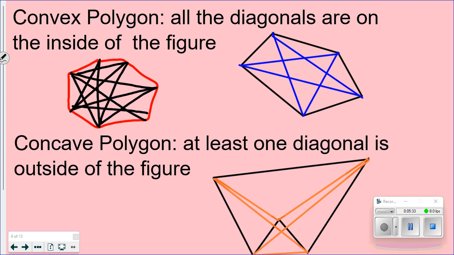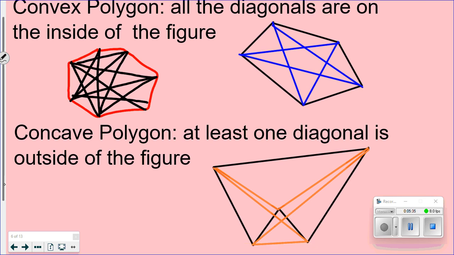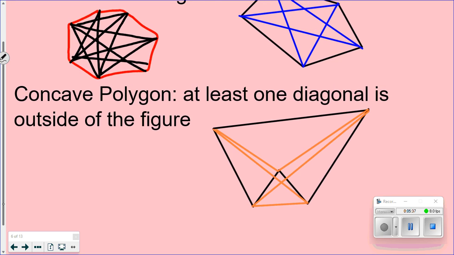Now, a concave polygon is when you connect the vertices and one line or one diagonal is on the outside of a figure. So you can kind of see here, if I'm connecting all my points, I connected here and here, those two.